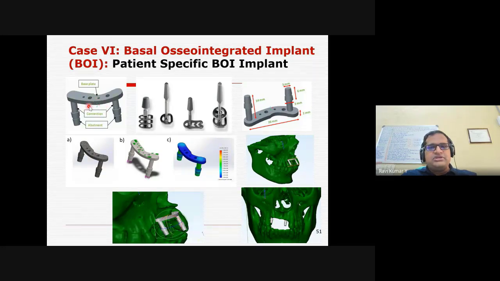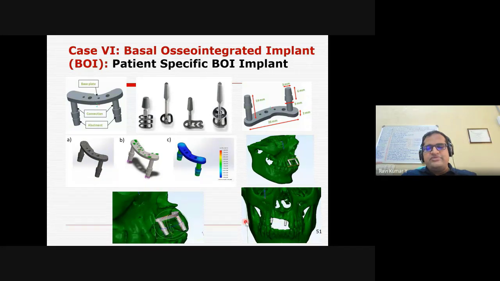It has been designed, further fabricated, and further tested for the maximum load conditions, and we even tested the fitment of it.